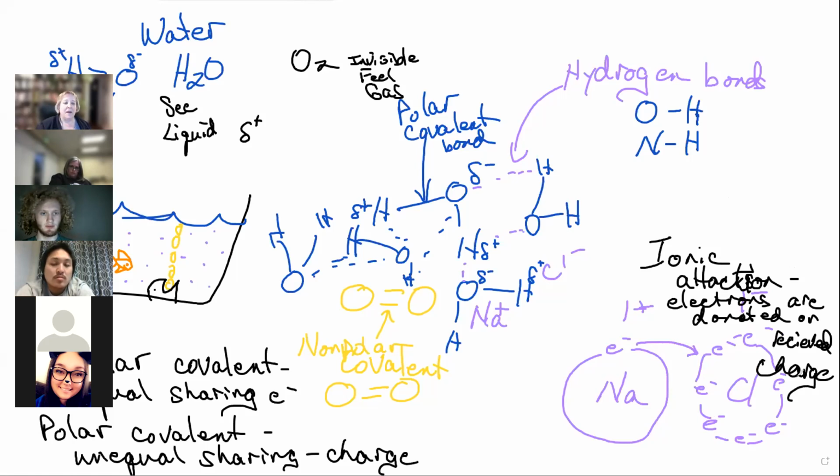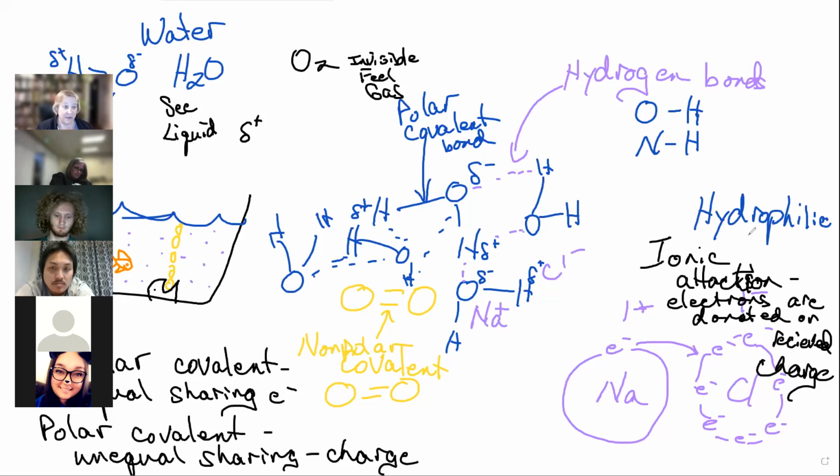Now we have terms that we use to describe the relationship of these bonds, these attractions, with water. Polar covalent and ionic attractions are what we call hydrophilic. They are water loving.